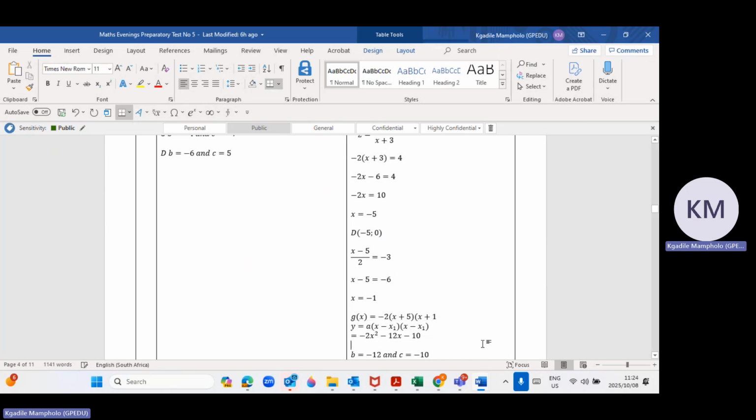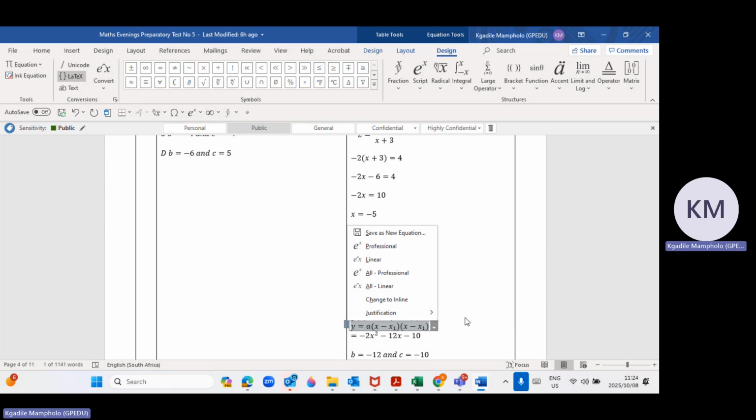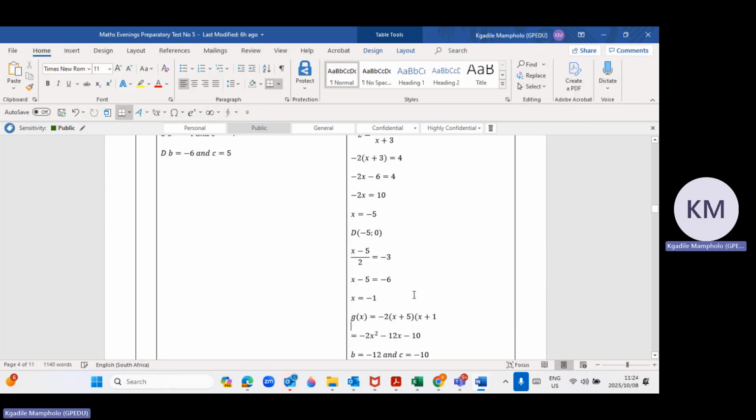It means A was given. It means I've given the value of A.